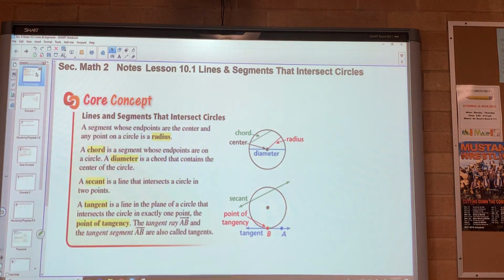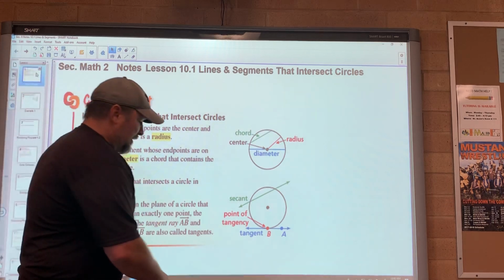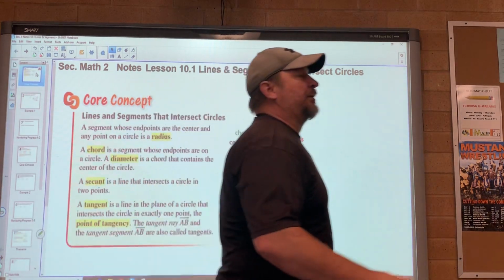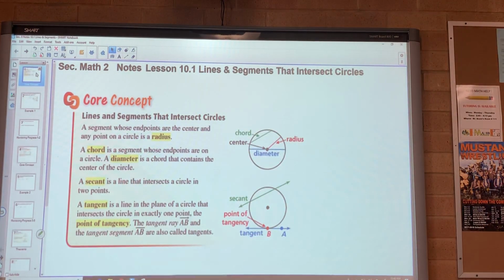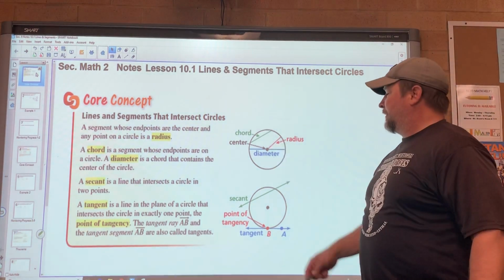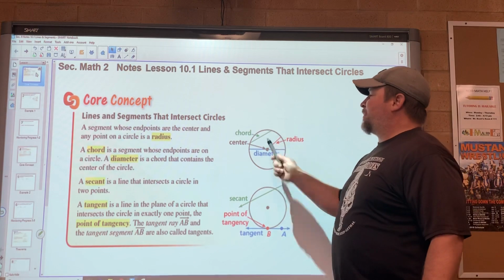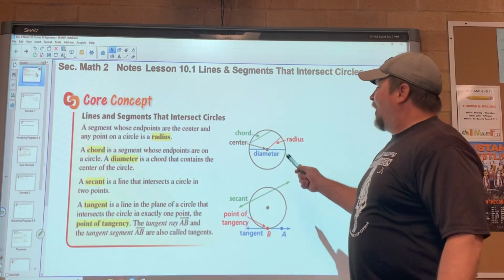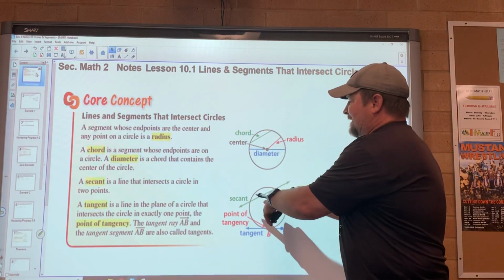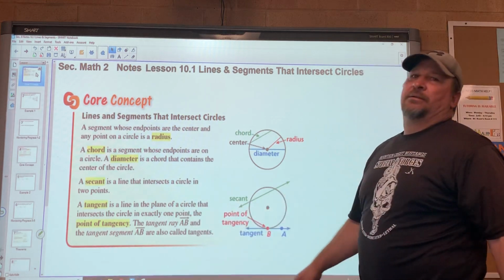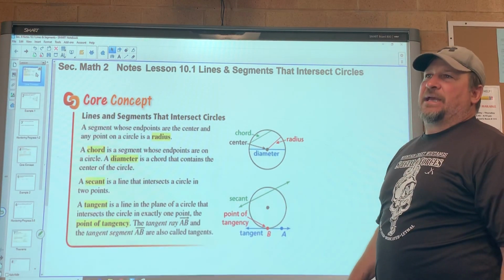Okay? Now down to this picture. I want you to notice too on that picture, the bottom one, that the green line corresponds with the chord, because a chord is a secant that just stops.